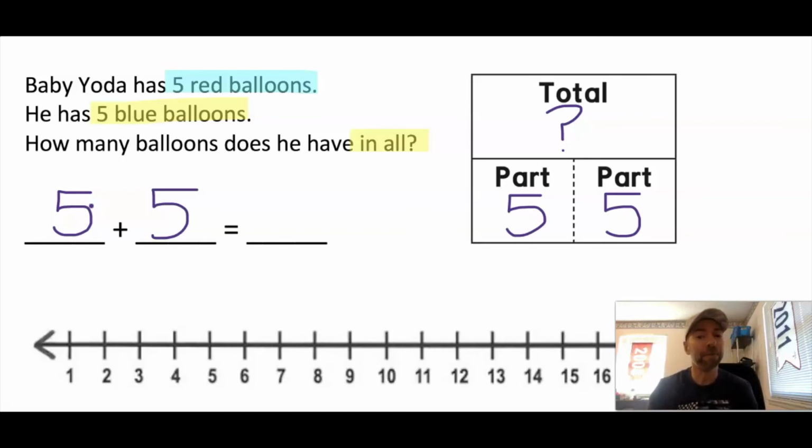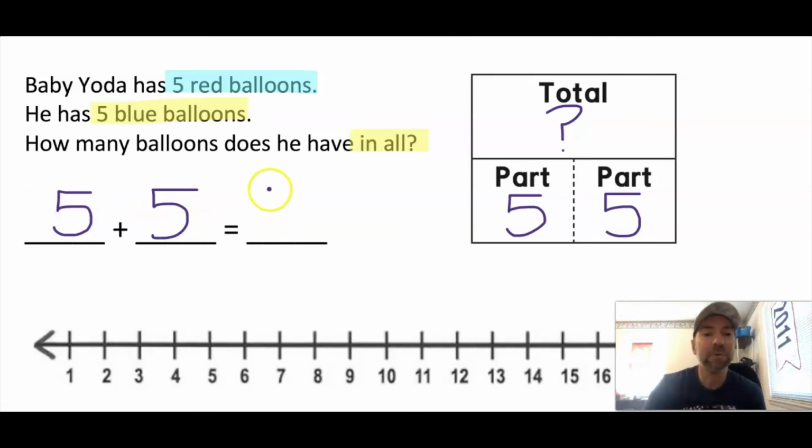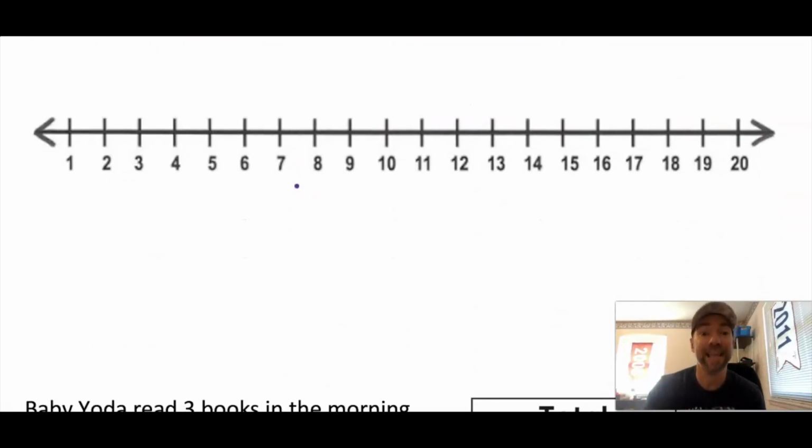But I know from our Friends of 10 Club that 5 plus 5 equals 10. So how many balloons does Baby Yoda have in all? Baby Yoda has 10 balloons. Awesome job. Go ahead and clear off your sheet protector as we try another story together.